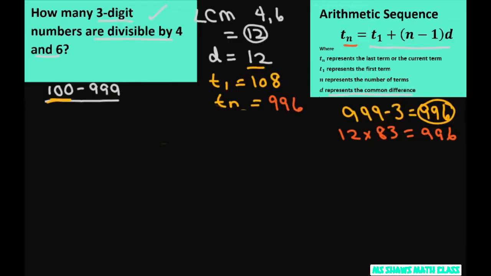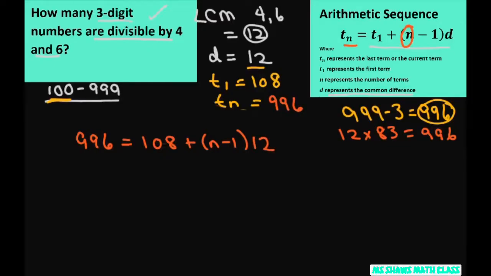What we're looking for is how many numbers there are. So our last term, 996, equals our first term, 108, plus n minus 1, times your common difference, or your multiple, which is 12.